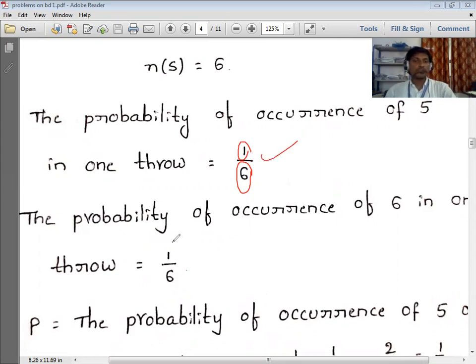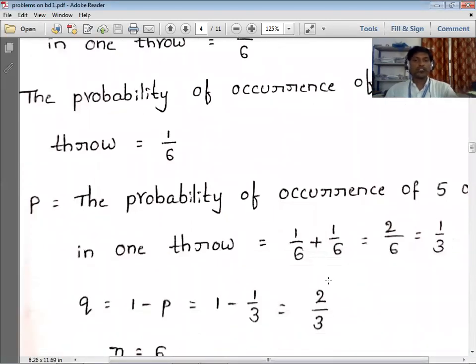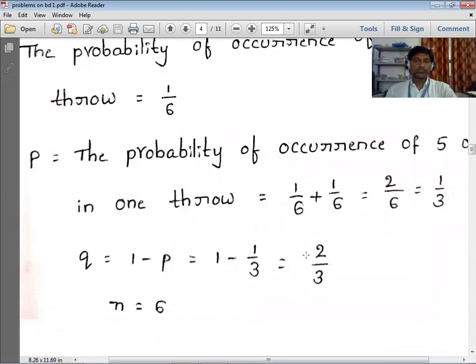In the same way, the probability of occurrence of 6 in one throw is also 1 by 6. Now P is the probability of occurrence of 5 or 6 in one throw, equal to 1 by 6 plus 1 by 6. Why? Because for 5 it is 1 by 6, 'or' means plus, and for 6 also the same 1 by 6. So 1 by 6 plus 1 by 6 is 2 by 6, which is equal to 1 by 3.